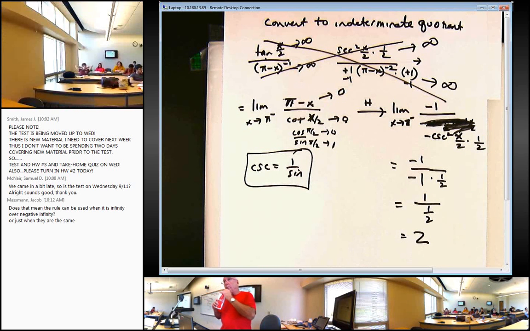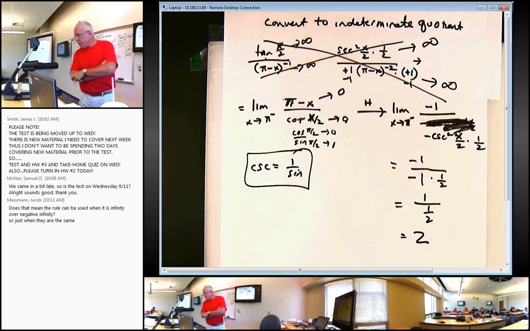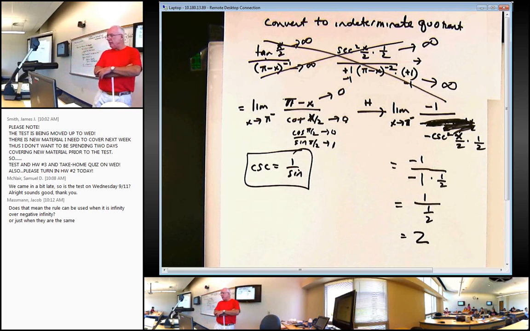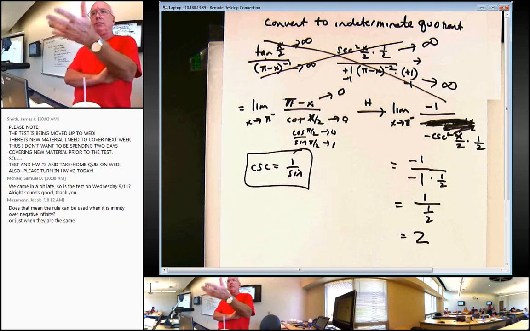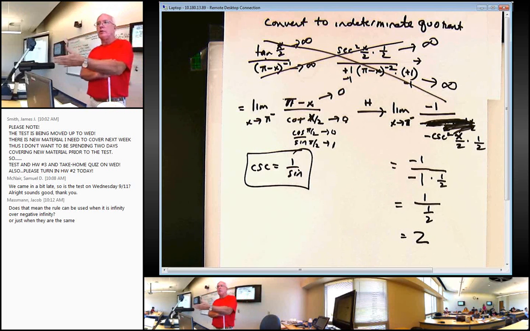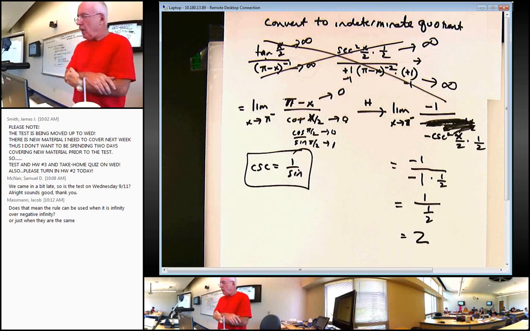How did you know, before you even worked it out, that this way is much easier than the other? Well, if I move the tangent down, I just have a cotangent, and that's a pretty easy derivative, minus cosecant squared. And the pi minus x is an easy derivative.